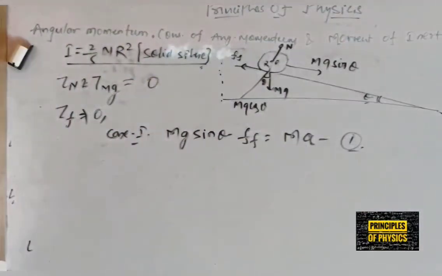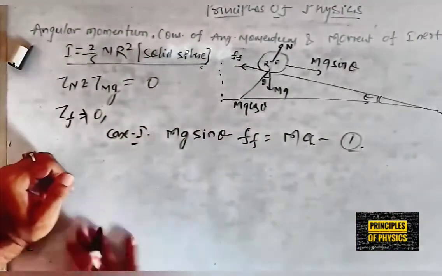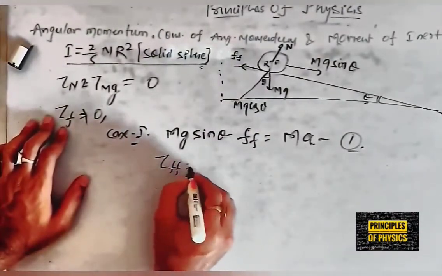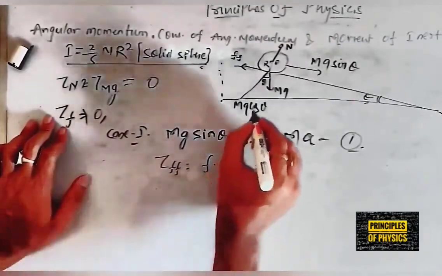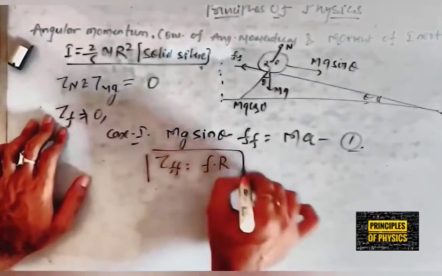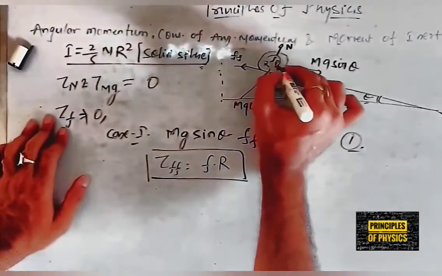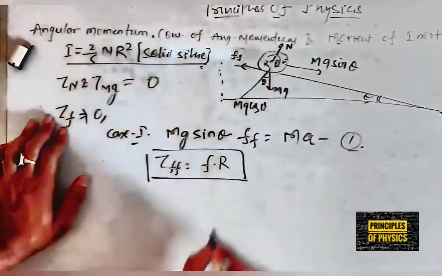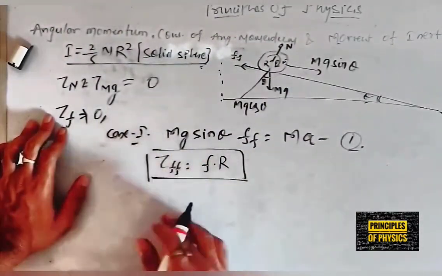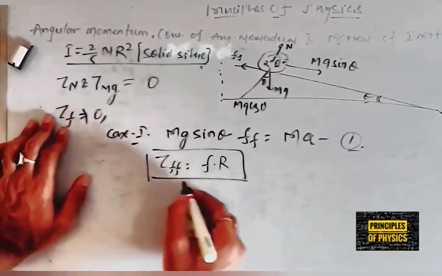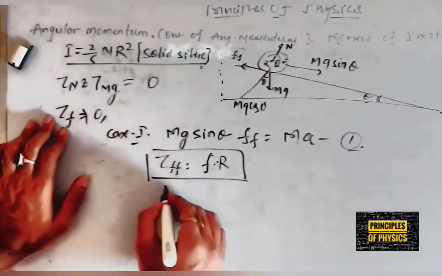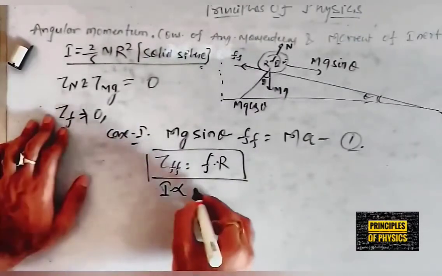Now what we will see is that torque due to frictional force is force into the distance, that is r. Let's say it's rotating with the angular velocity omega. So torque is given by I alpha.